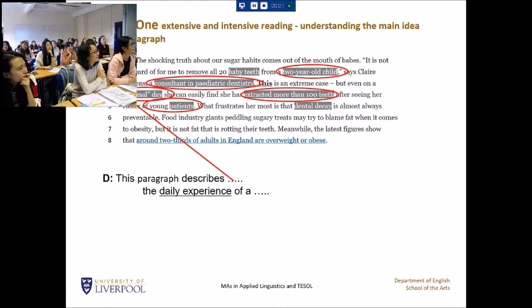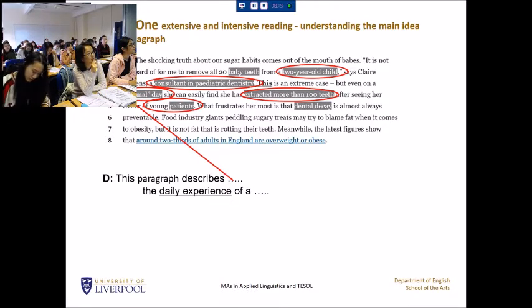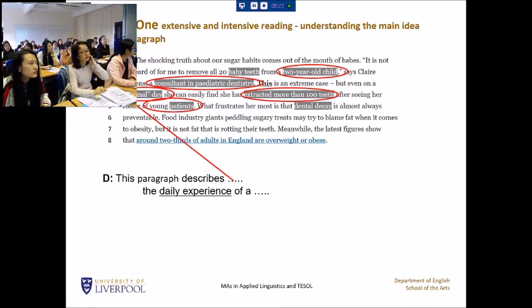Describes the daily experience of a dentist, okay? Except consultant is maybe not quite a dentist. A consultant is a bit higher than dentist. And in a way it would be good to avoid the word dentist here as well if we can.